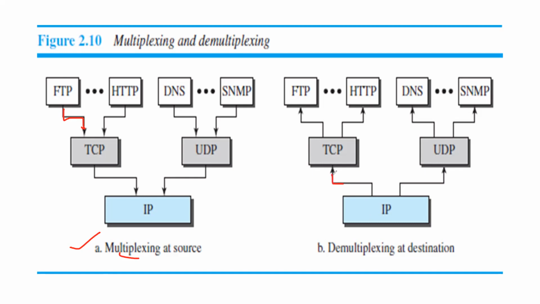So in the case of demultiplexing, we decapsulate the data, whereas in the case of multiplexing, we encapsulate the packets or the data. This is the representation of the different protocols which take part in multiplexing and demultiplexing.